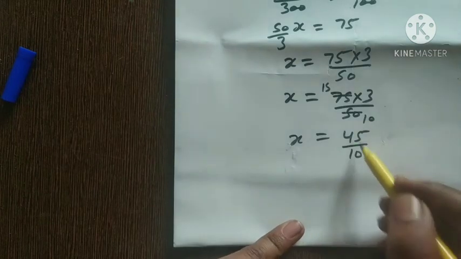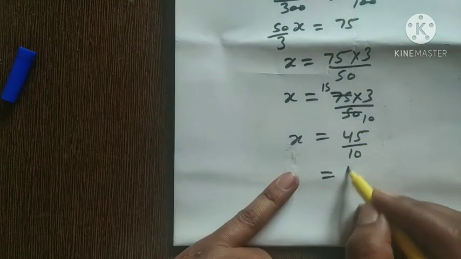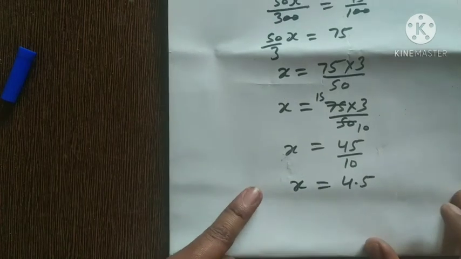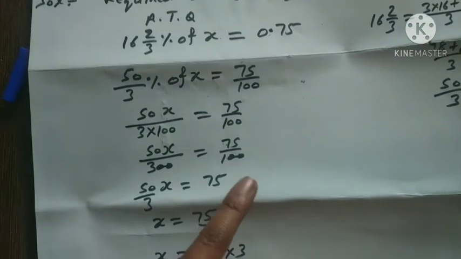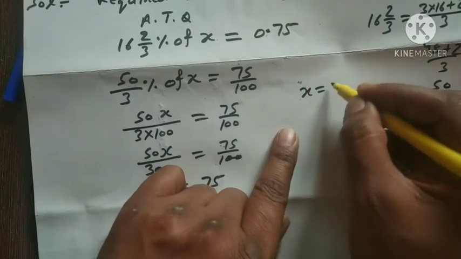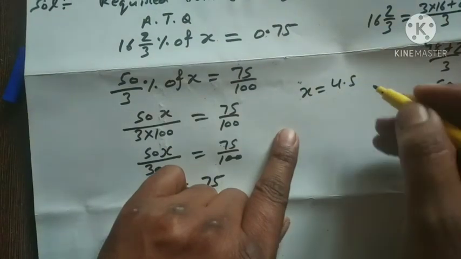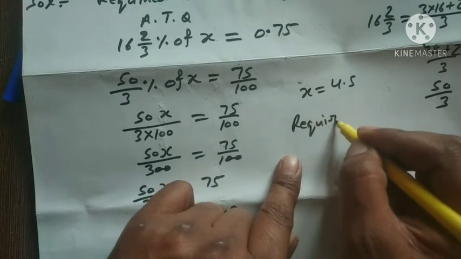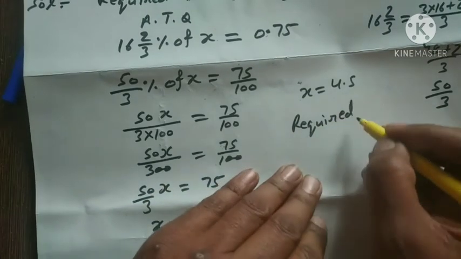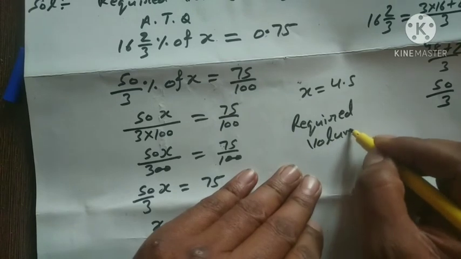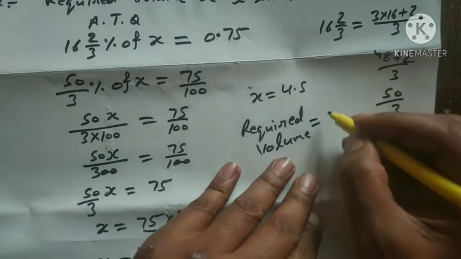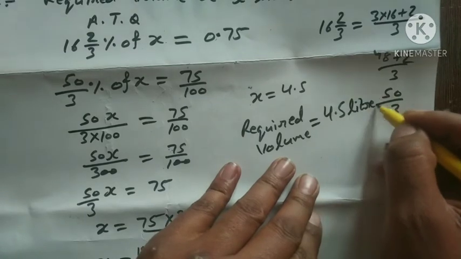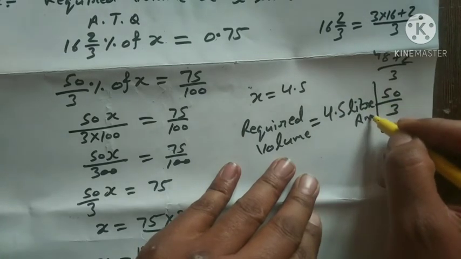Now 45 over 10, this is a decimal fraction and I can convert this into 4.5. So the required value of x is 4.5. So the required volume is equal to 4.5 liter. This is my answer.